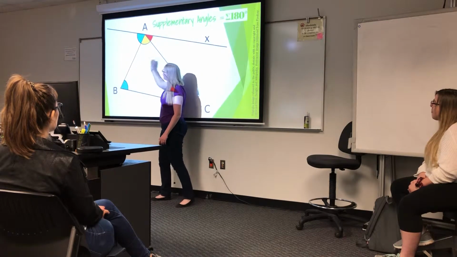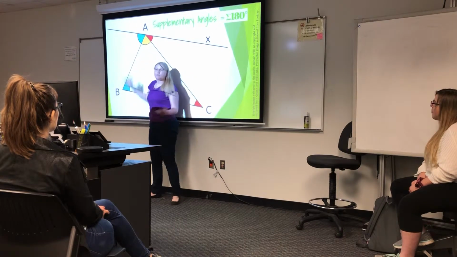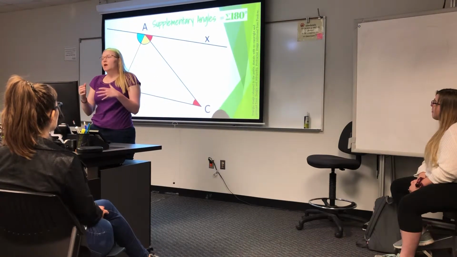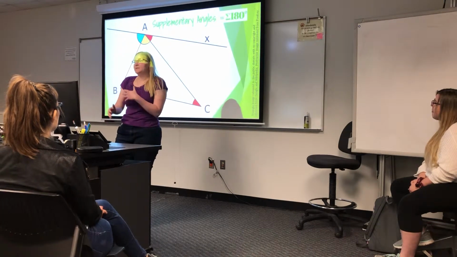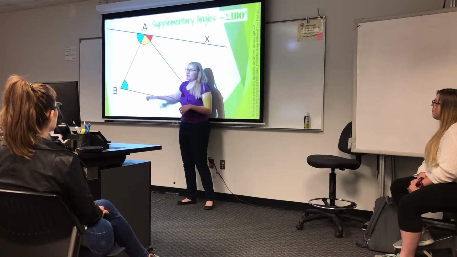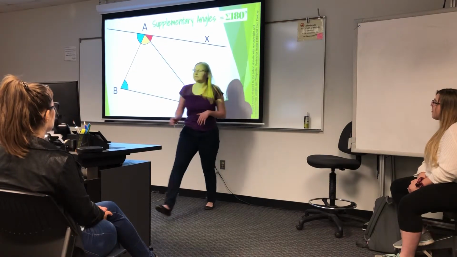You have to use all three of these angles to start here and get to the other side, or vice versa. And supplementary angles are angles that add up to 180. So every angle in a triangle is a supplementary angle. When you add all of them up, you get 180 degrees.